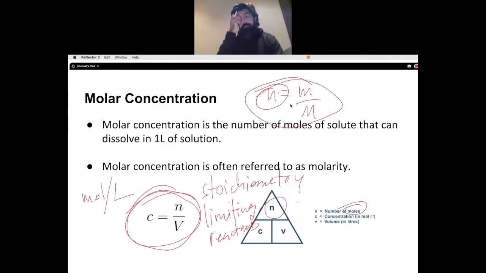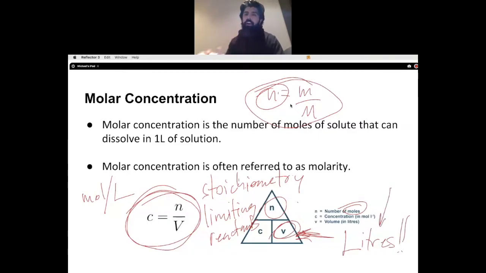So here is a must to acknowledge. This volume must always be in liters. Most of the time in sample problems, they will be given to you in milliliters, so you will be converting any milliliter units to liters for all stoichiometry problems.